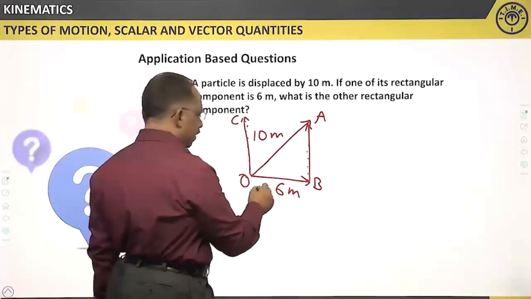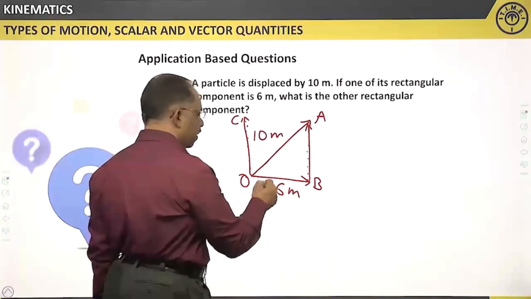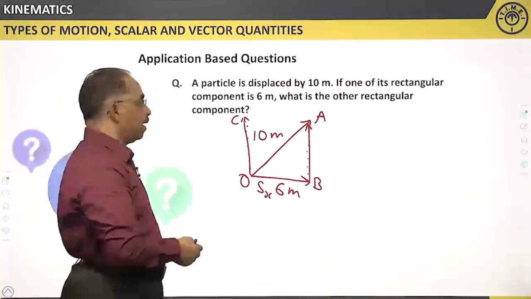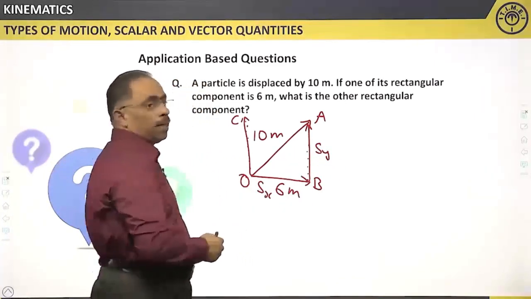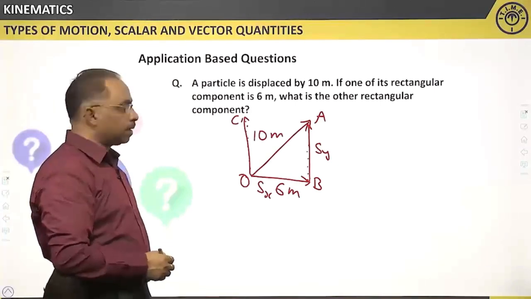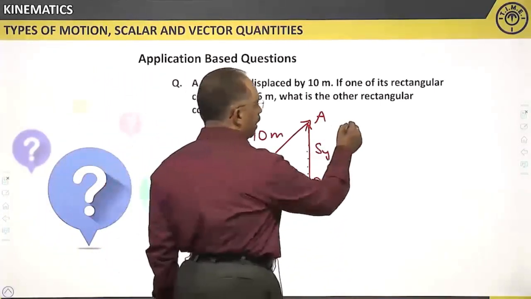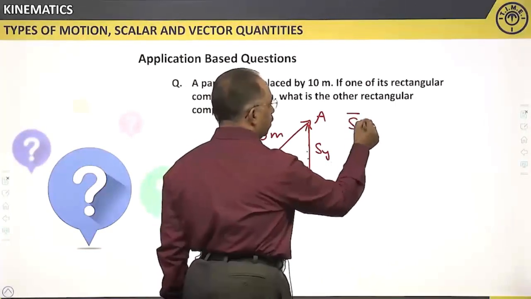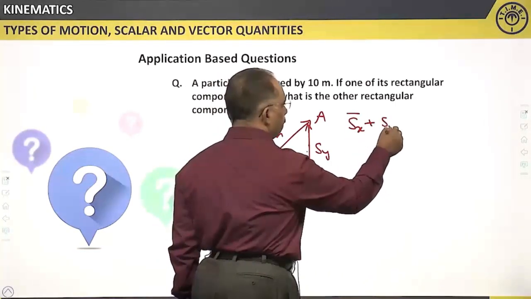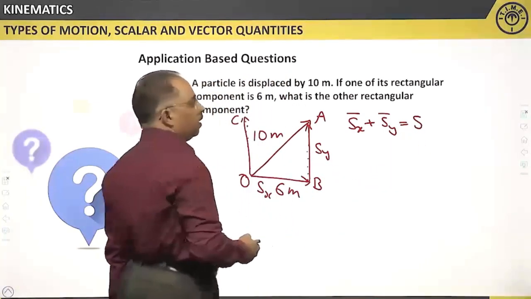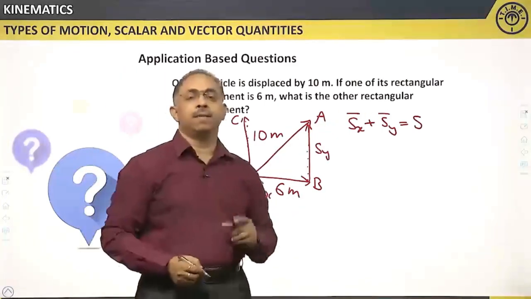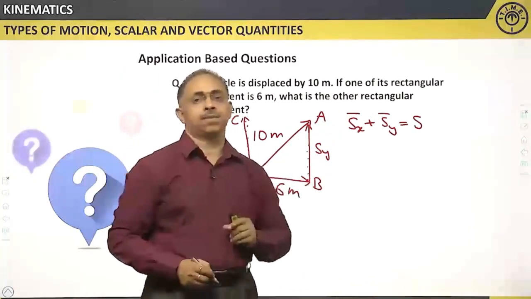Let me take this as Sx, the horizontal component, and this as Sy, the vertical component. Clear? That means if I add these two, Sx plus Sy, I should get S. I am writing a bar over here, which means it is a vectorial addition.